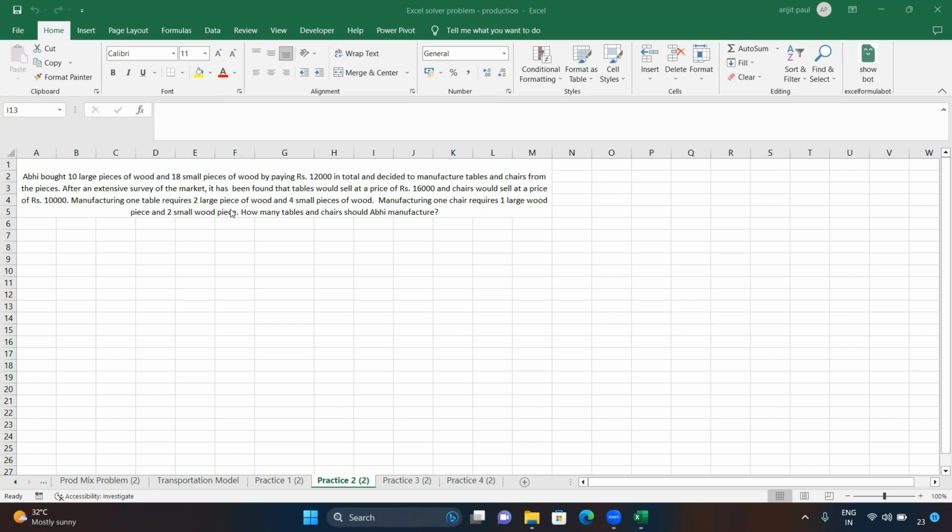So for example, if we want to make one table, it requires two large pieces of wood and four small pieces of wood. And manufacturing of one chair requires one large wood piece and two small wood pieces. How many tables and chairs should Avi manufacture so that he is able to accumulate maximum revenue?